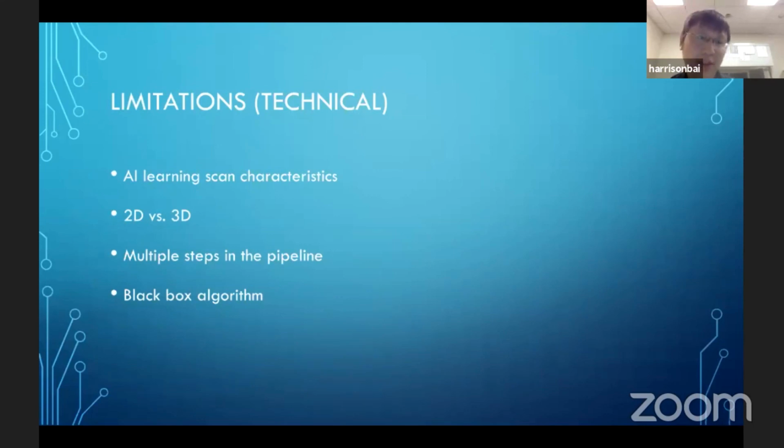There are also multiple steps in our pipeline, including identifying the slice and lung segmentation, which we could supposedly have eliminated and are working to eliminate. And finally, our algorithm is considered a black box algorithm, so it would be better if we could demonstrate better how the algorithm works.